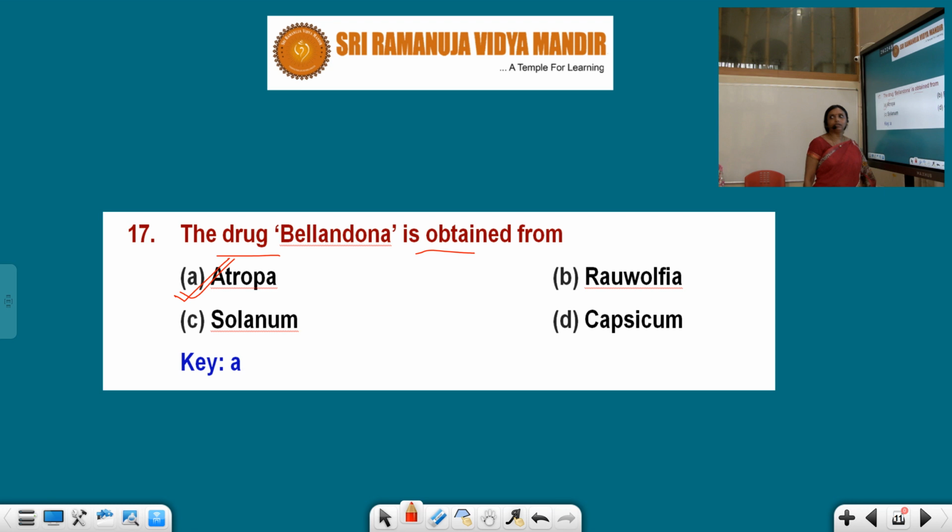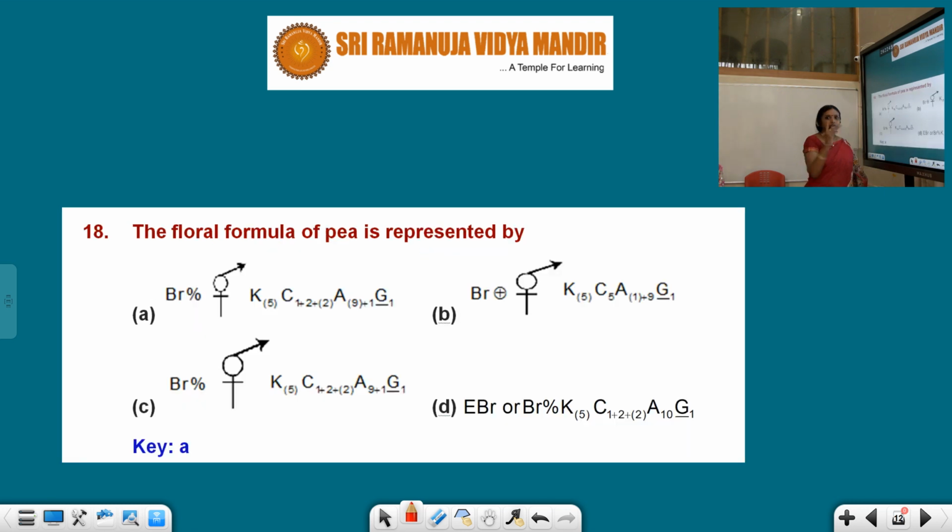Now let's see the next question, the floral formula of pea. Pea belongs to which family? Fabaceae family. And in the Fabaceae family, let's see how we write the floral formula, whether bracts are present or not. Of course, if you see the floral diagram, or if you remember the flower structure, you will find a bract-like structure. Bracts are present at the base of the pedicel.